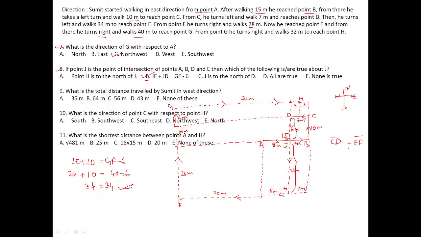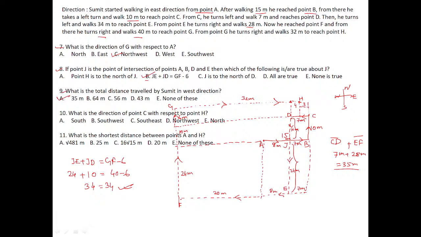So better to avoid confusion, just follow the logic here, that CD is the direction like this. So CD in west direction and EF also in west direction. So what's the value here? 7 meters for CD, and EF is 28 meters. So 35 meters is the required distance. So option A is the correct answer for question number 9.